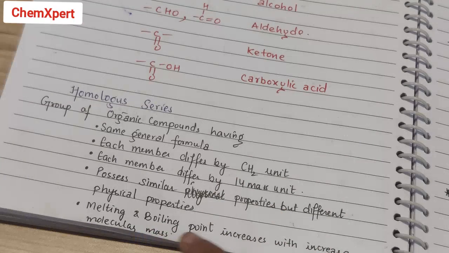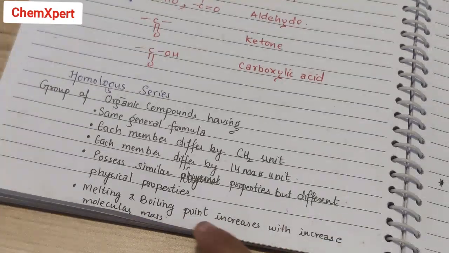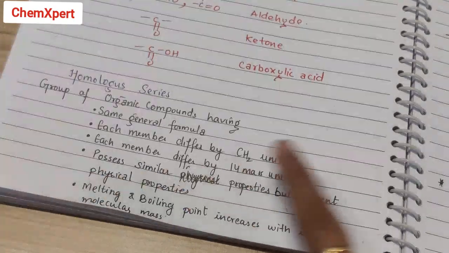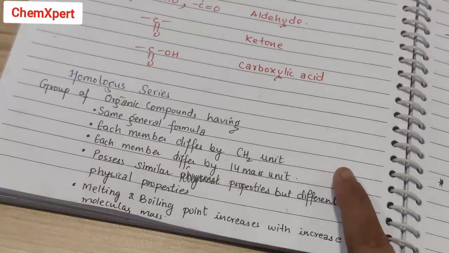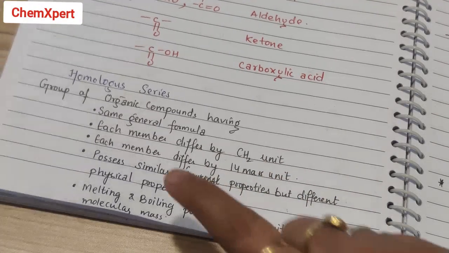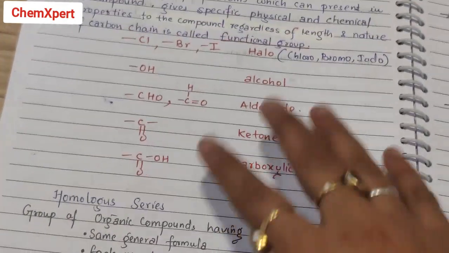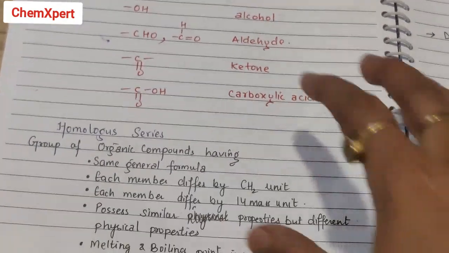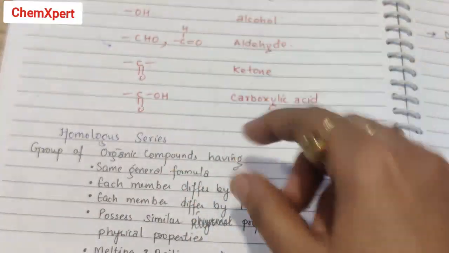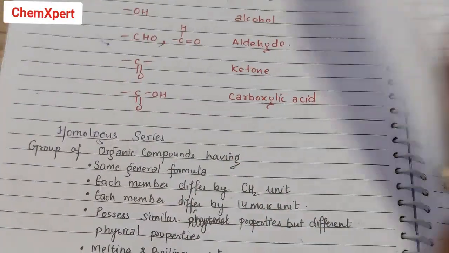The reason is that melting and boiling points increase with increase in molecular mass. So as the molecular mass increases, their boiling point or melting point increases. So physical properties become different, but chemically they react in the same way. You must learn this, and you have to give one example of a homologous series. You can give any example of alkane, alkene, alkyne.